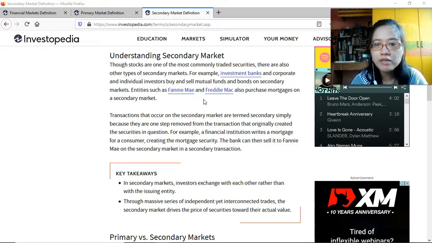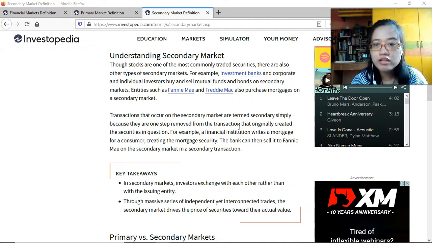Entities such as Fannie Mae and Freddie Mac also purchase mortgages on a secondary market. Here in the Philippines, banks as well as investment houses, other financial institutions, do engage in trading or acquiring securities from the secondary market.